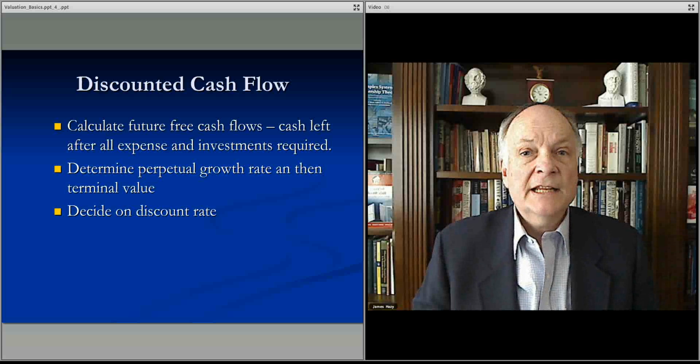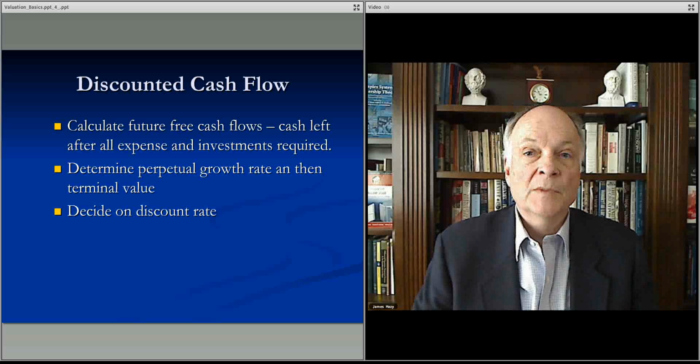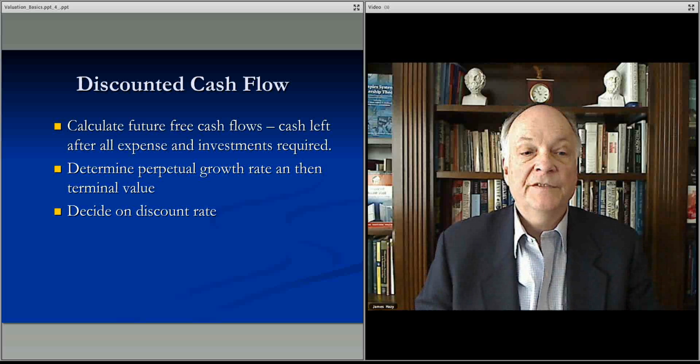And discounted cash flow is the innovation that helps us understand how you compare investment in the present with benefit that flows into the future.